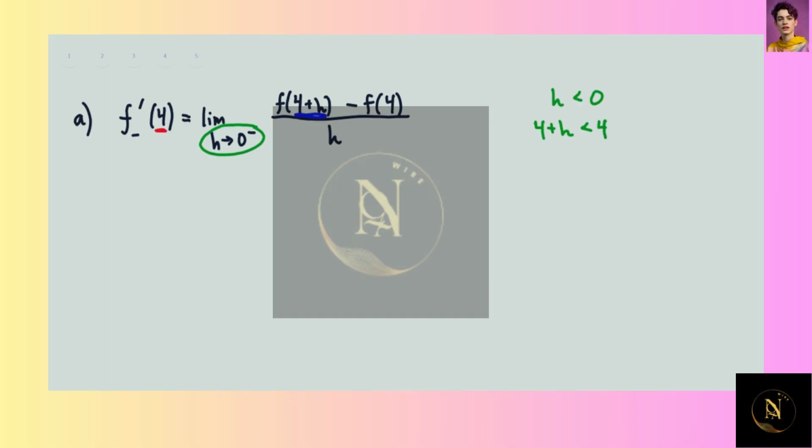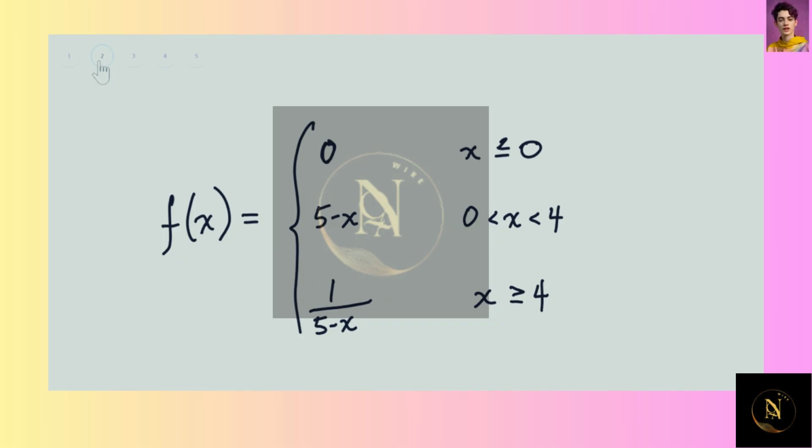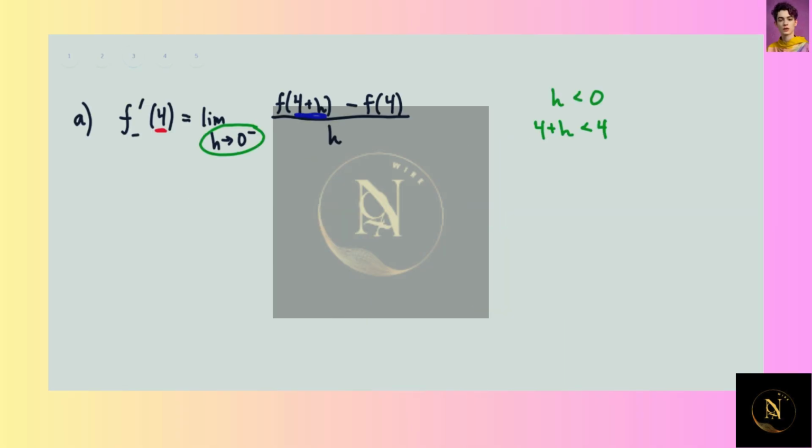And therefore, since our input right here is less than 4, that puts us in this second piece of the domain. If our input is less than 4, that means the function is defined as 5 minus the input. So let's go back and we will use that as we continue.